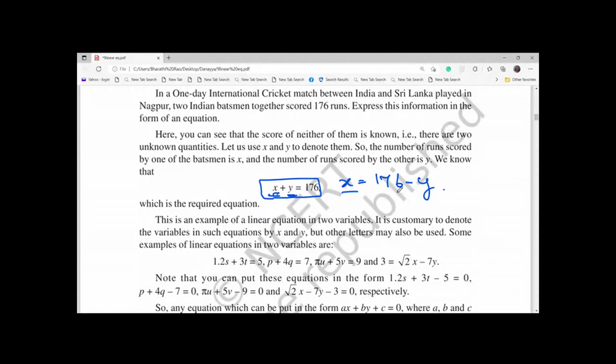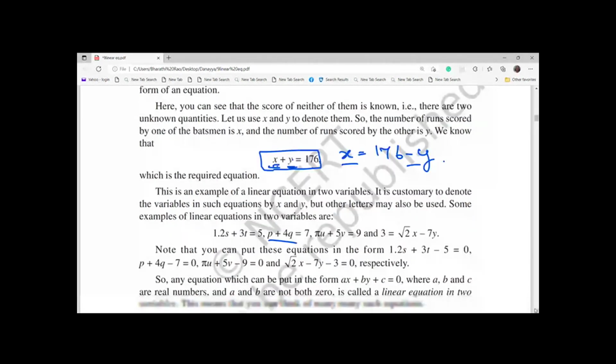Can you find what x and y are here? No, ma'am. Correct. If we want to find x and y, we need another equation.